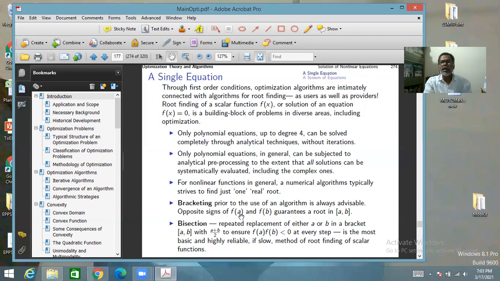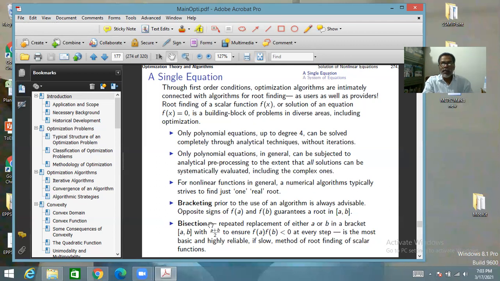Because of continuity, if at two points the function has opposite signs, then in between it must cross zero. So that is a bracket. And make note that earlier we did bracketing for optimization, where we were looking for a high, low, high pattern. For equation solving, bracketing means something else. It is negative on one side, positive on the other.